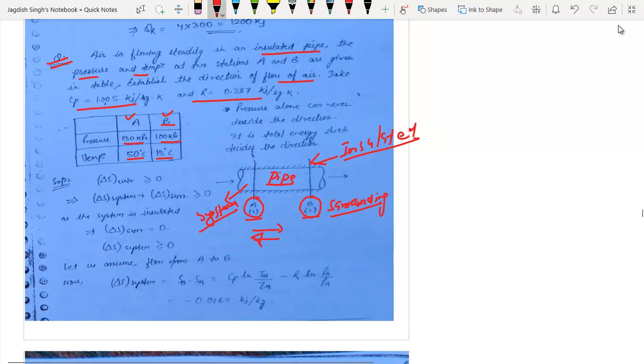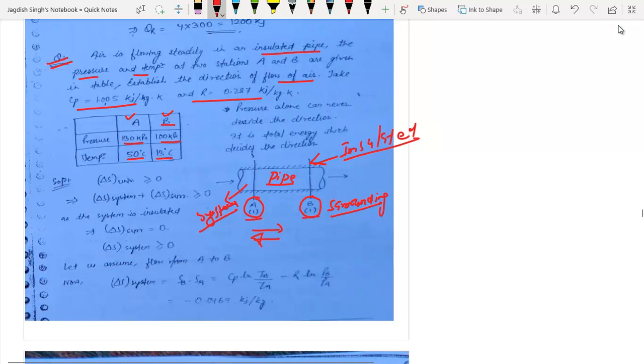In this question, the Cp and R values are given. We have already discussed in the beginning of the second law of thermodynamics why the second law is introduced and what is the drawback of the first law of thermodynamics.